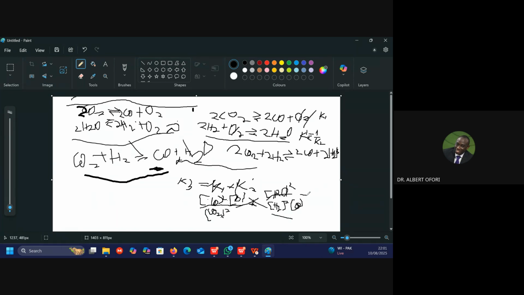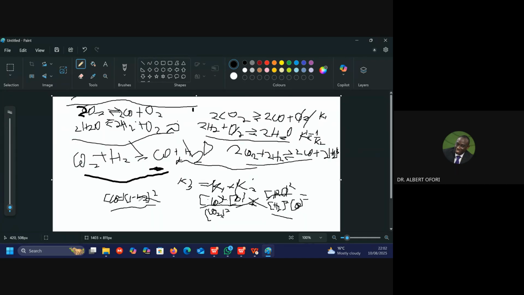If you find that fraction, it should be equal to this K3. K3 is going to give you the concentration of carbon monoxide squared times the concentration of hydrogen gas squared, and that's divided by carbon dioxide squared.